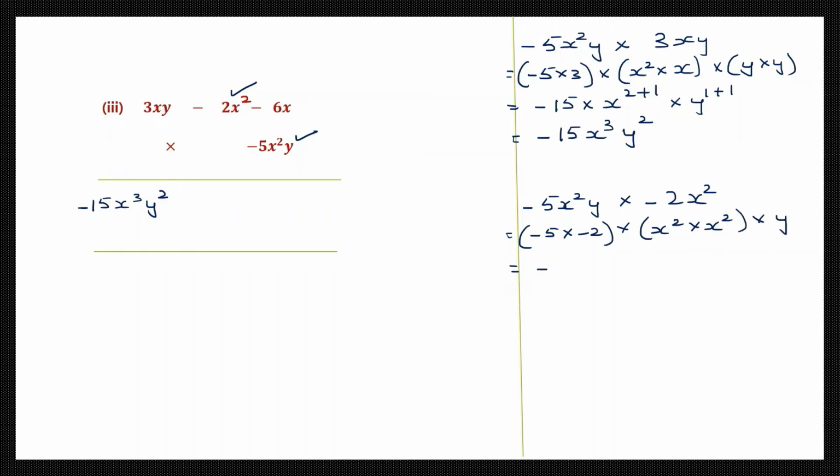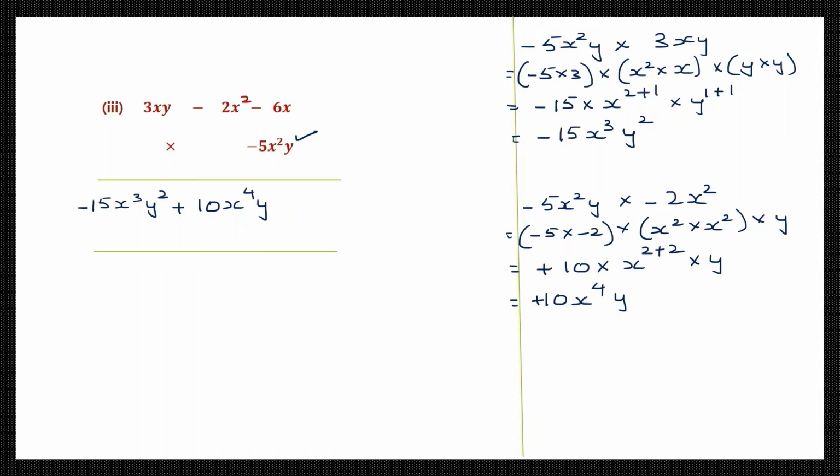Okay, minus into minus is plus. 5 2s are 10 into x to the power of 2 plus 2 into y. So this will be 10x to the power of 4 y. So let's write that. So that's a plus sign there. So plus 10x to the power of 4 and y. Now we finished with 2x squared.